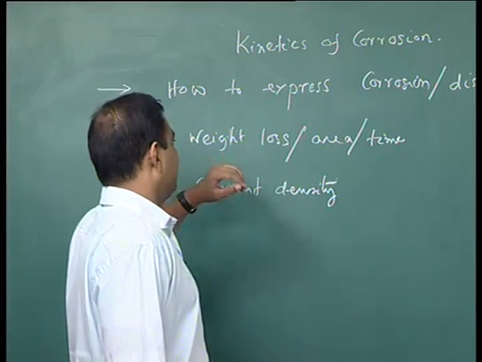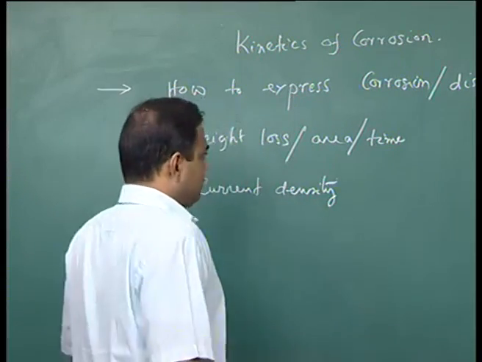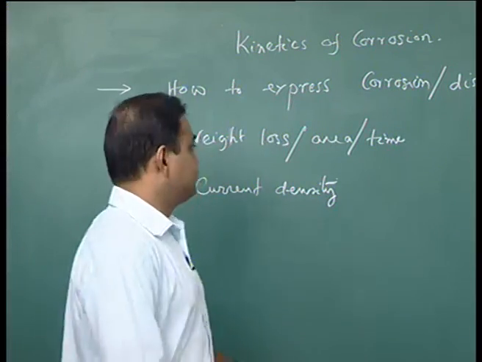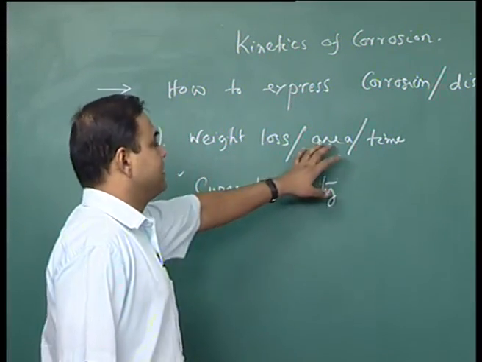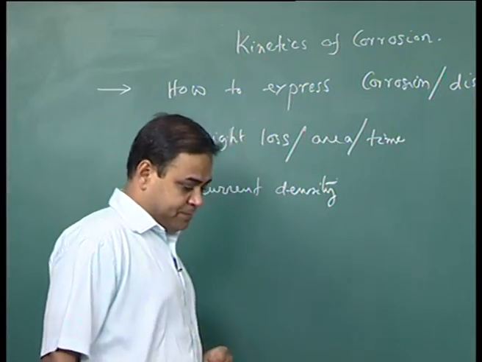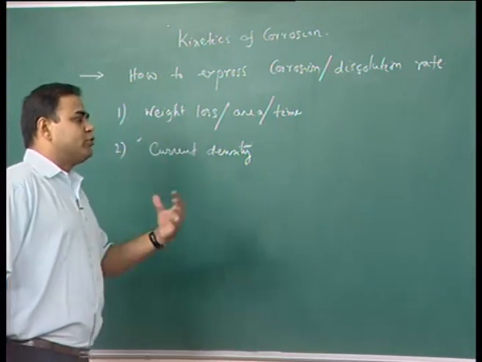That would give me the weight loss per unit area per unit time. Now, again the current density also can lead to the same thing, weight loss per unit area per unit time, and those two modes can be related through some conversion factors.